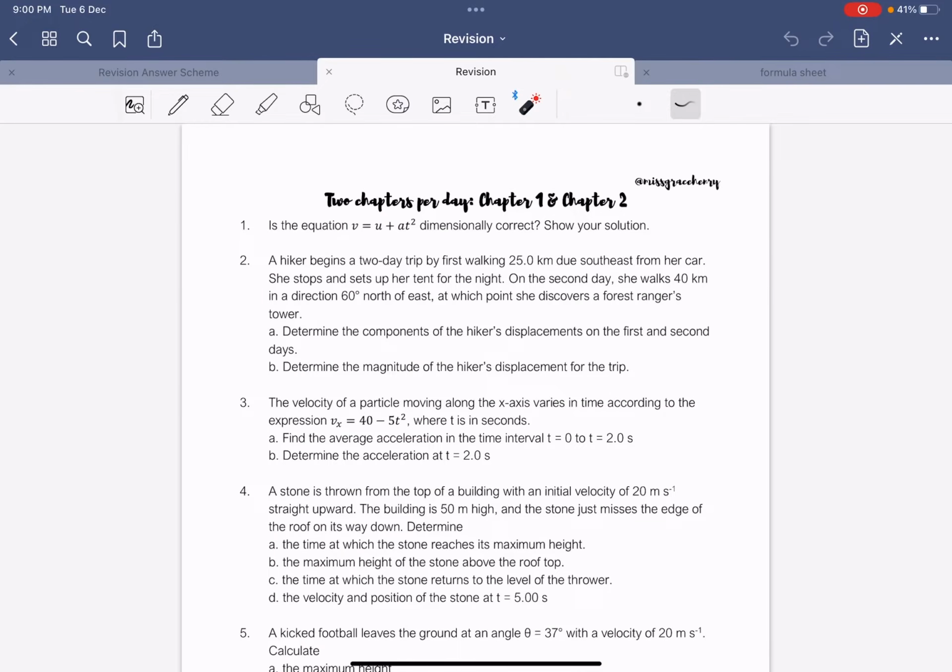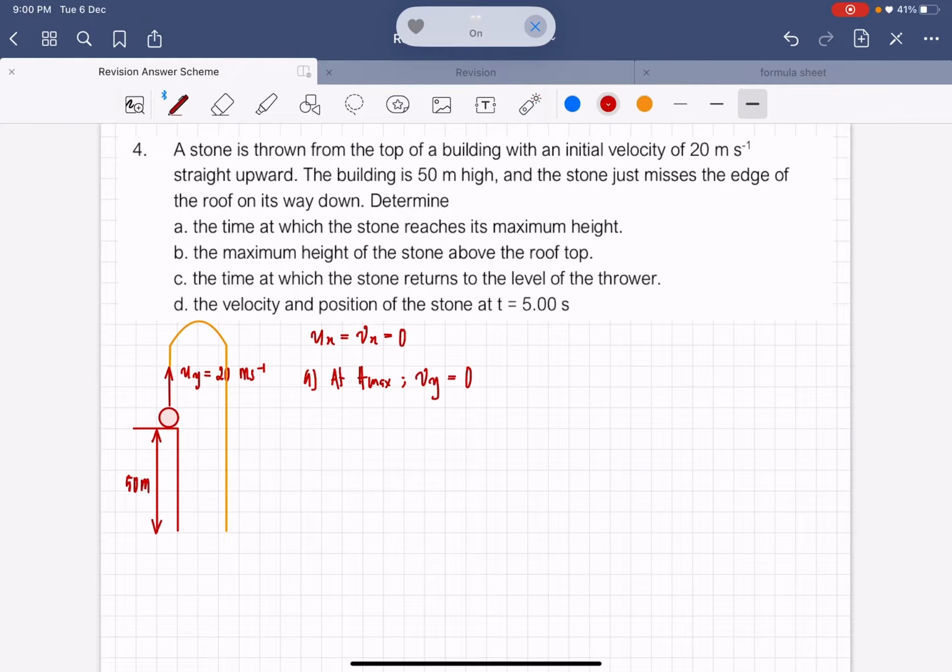Alright, so that's going to be Vy equal to Uy minus Gt. Okay, so I'll label this as t to reach maximum height. If we rearrange this and we know that Vy is equal to 0, we will get t equal to Uy over G. So from here you substitute the values.